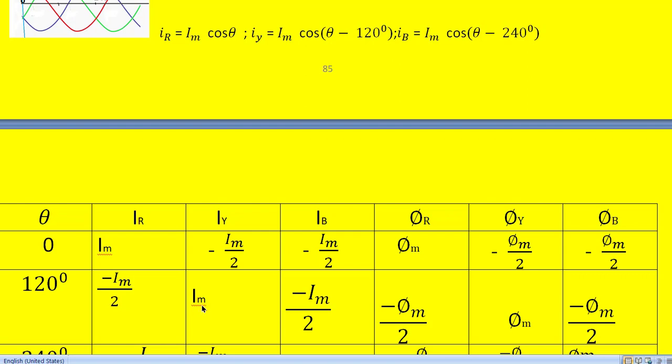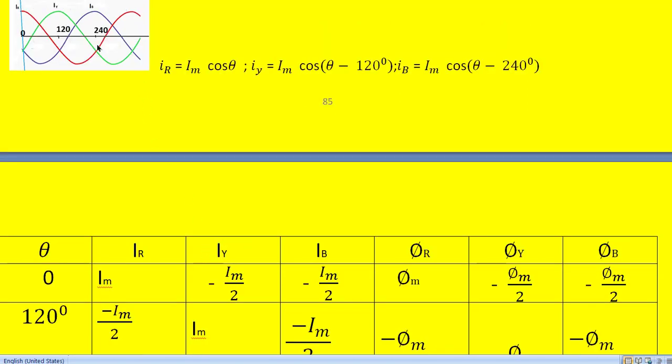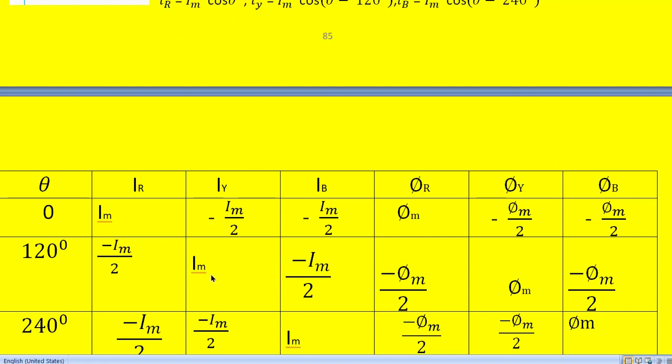So it is positive, and automatically that flux is also positive. You can see that in the waveform also. At 120 degrees, Iy is here, in the positive direction and at its maximum value. So that is what we can see here.